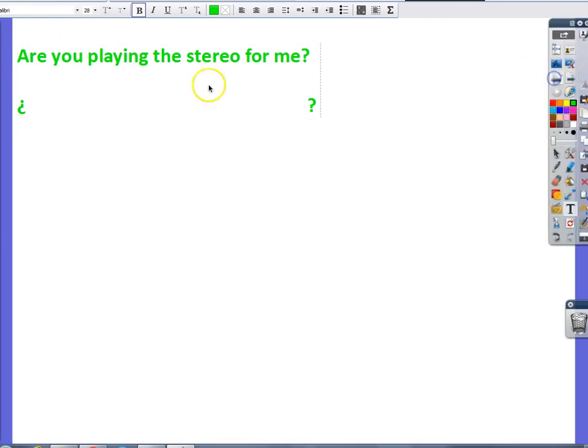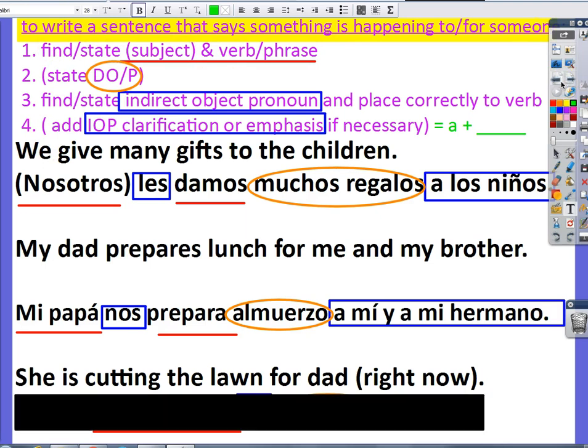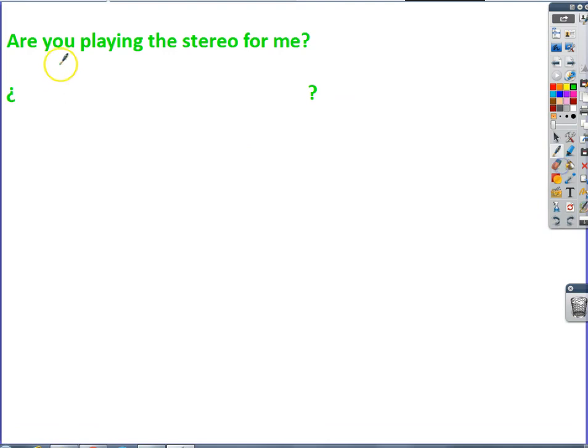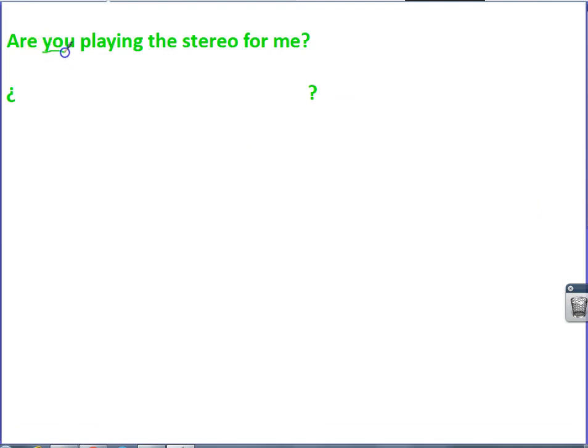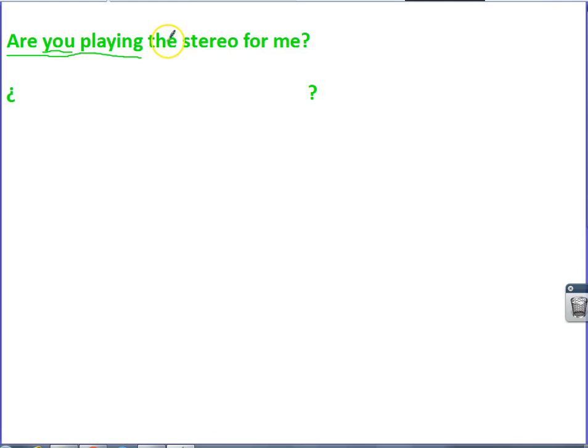So if you follow the steps, 1, state your subject and your verb phrase. So your subject is you. My verb phrase is are playing. And what's being played?